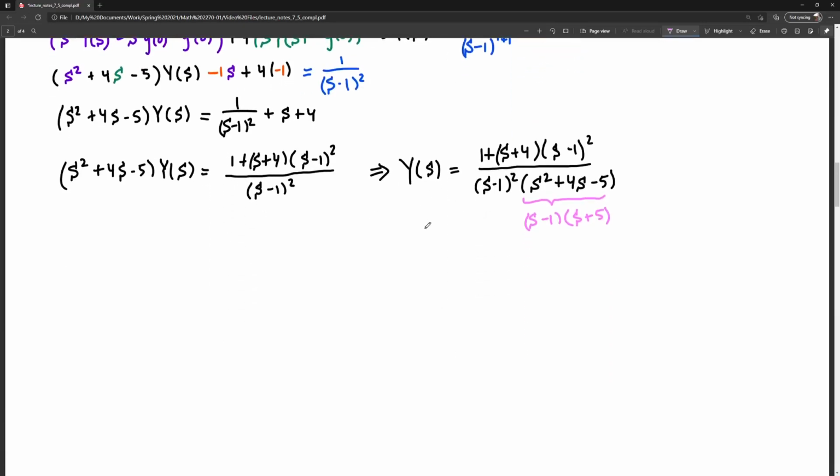So in order to figure out what Y of s is, we have to do the partial fraction decomposition of this expression.